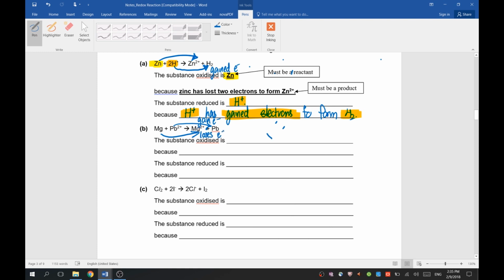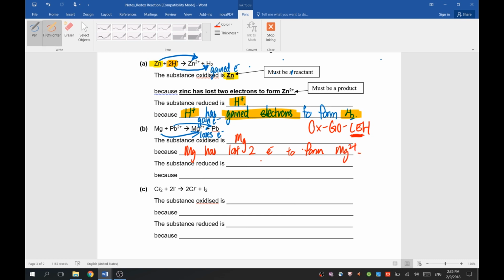So with your OIL RIG, which one is being oxidized and which one is being reduced? OIL RIG tells you that those that are losing electrons are the ones being oxidized. So the substance that's being oxidized in this case is your Mg. And how do you explain? Because Mg has lost 2 electrons to form Mg2+.